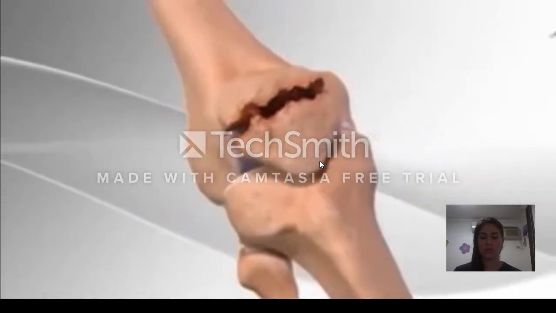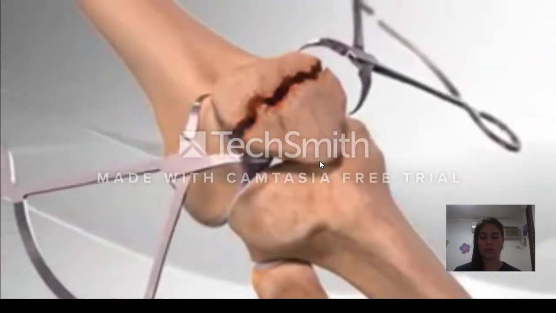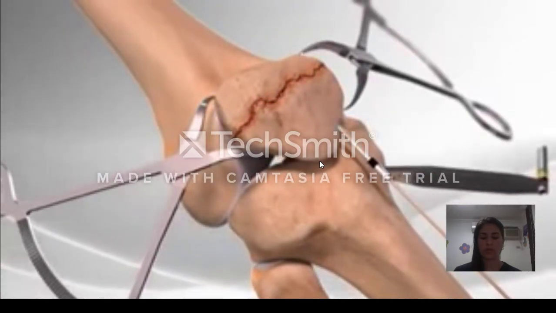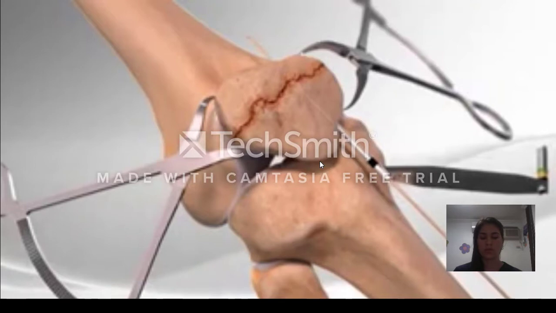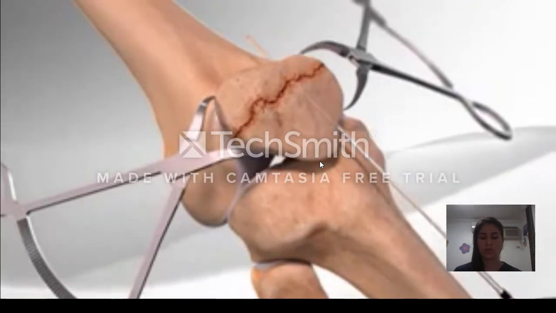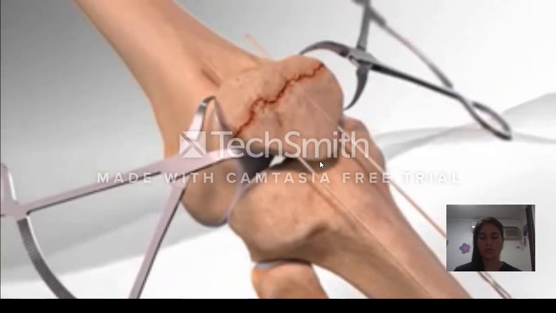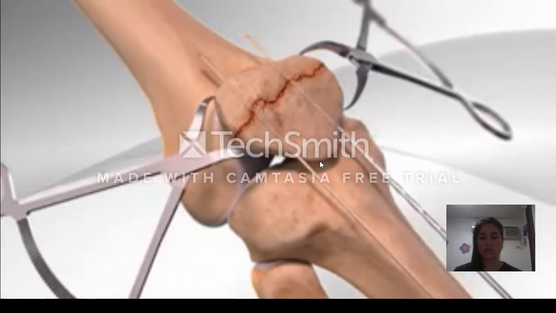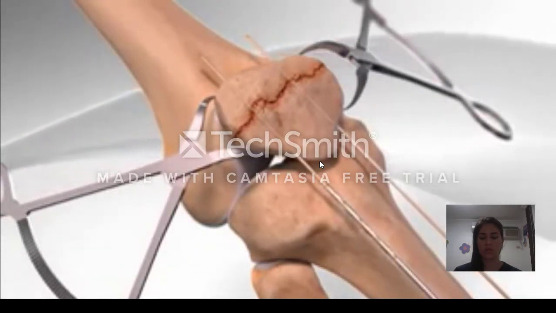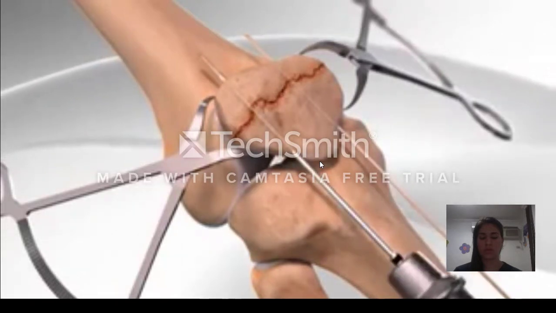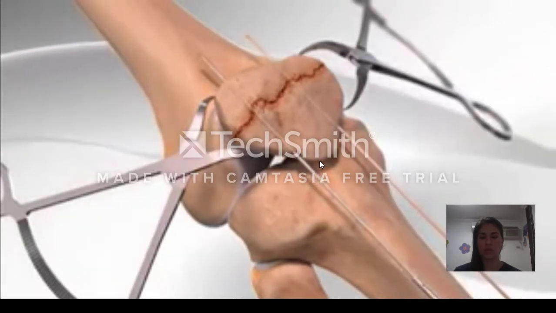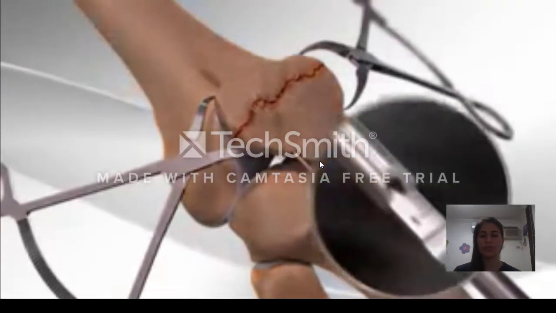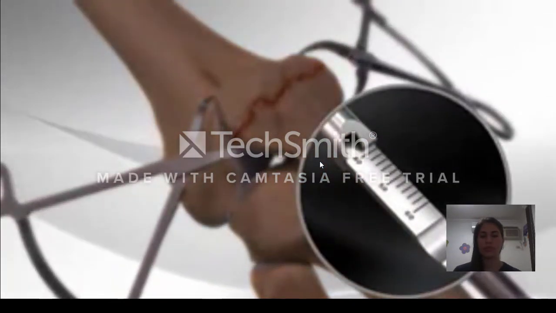First, the surgeon uses a clamp to close the space between the two broken halves of the patella. Then wires are placed to hold the broken bone together. The surgeon then drills through the bones where the wires are placed, and the drilled holes are measured to determine screw length.